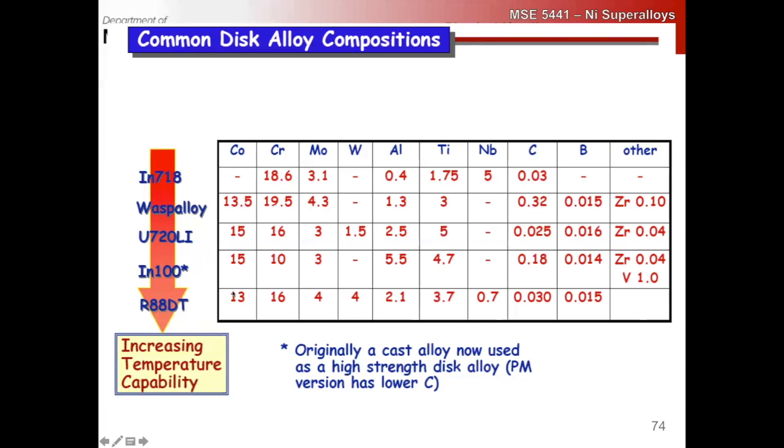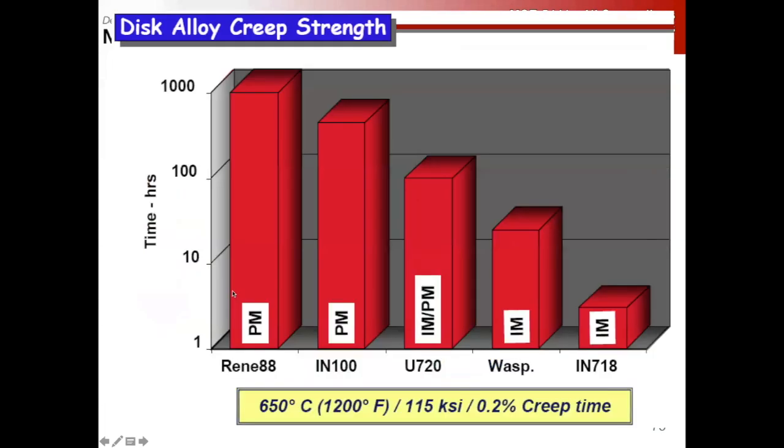If we look at the creep time from forging to the PM route, we've actually improved the creep life of superalloys by 2 orders of magnitude with new compositions over the last 20 years.